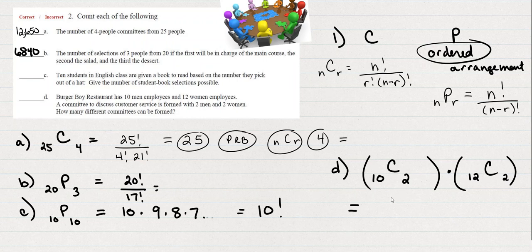When I put those into the calculator, I get 45 committees of men times 66 different options for the committees of women. So that comes to 2,970.